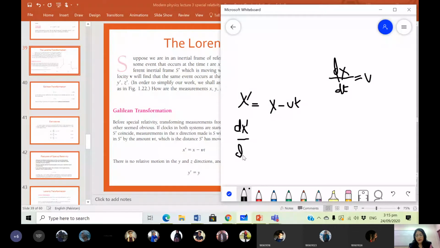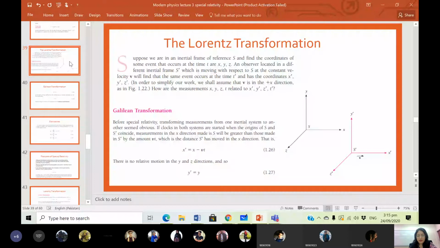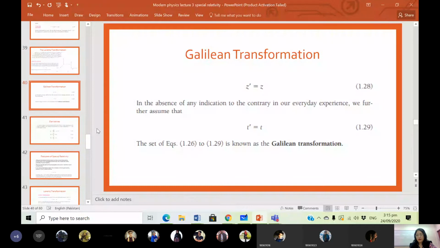What will you get? You will get Vx minus V. Why is that? Wait a minute. x dash is this formula, and we're taking the derivative with respect to t. One thing I want to tell you before we move forward.